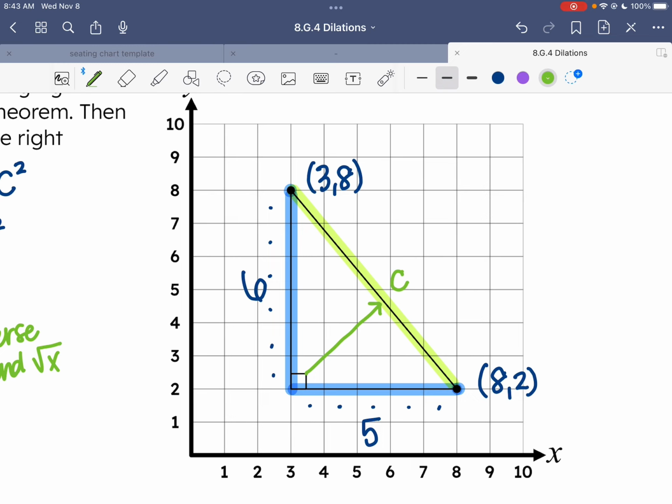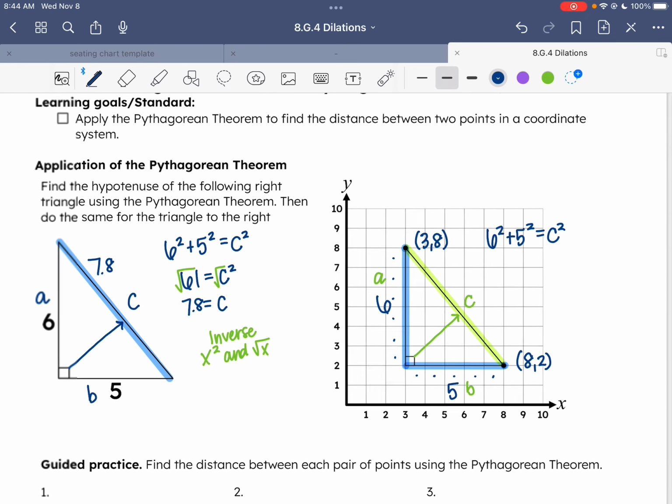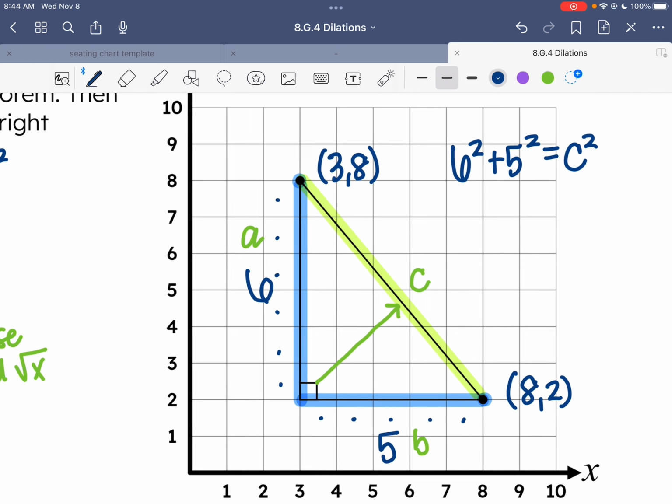When you're doing distance, you're always going to be finding C. And this is A and B. So we have 6 squared plus 5 squared equals C squared. And this is the same exact problem as this one over here. So we know that the distance between these 2 points is going to be 7.8.